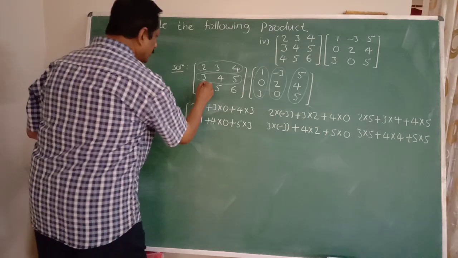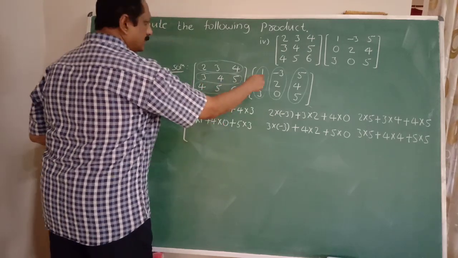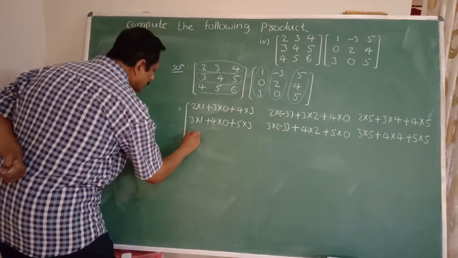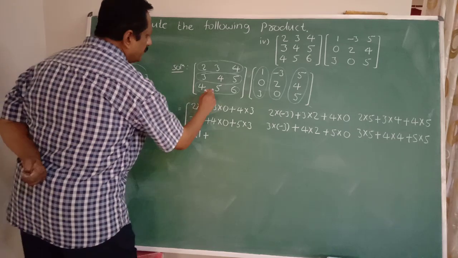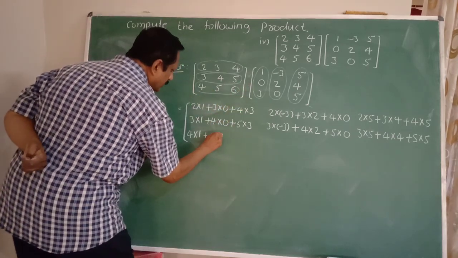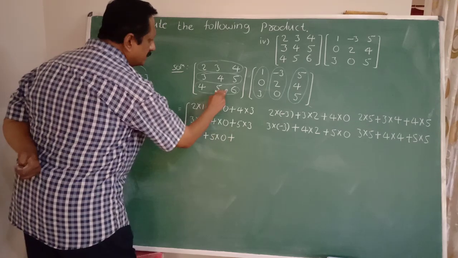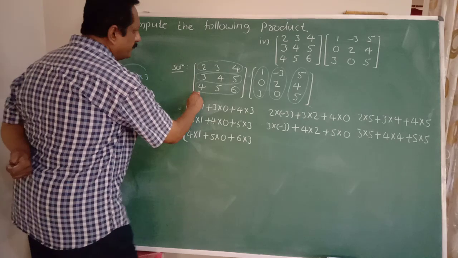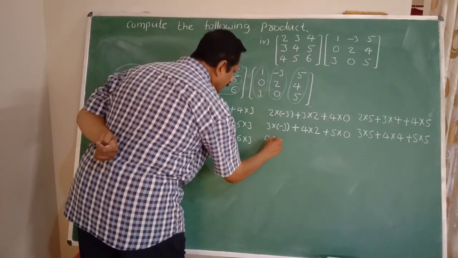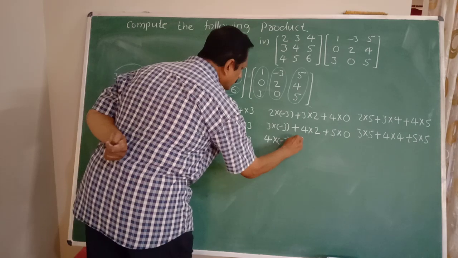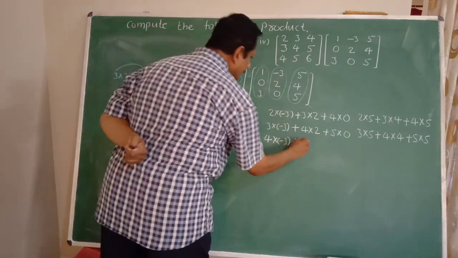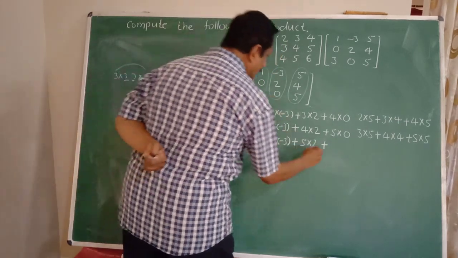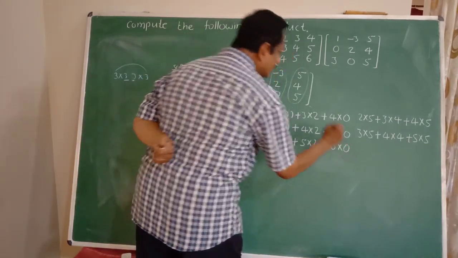Next take the third row and multiply with the columns. 4 into 1 plus 5 into 0 plus 6 into 3. 4 into minus 3 plus 5 into 2 plus 6 into 0.